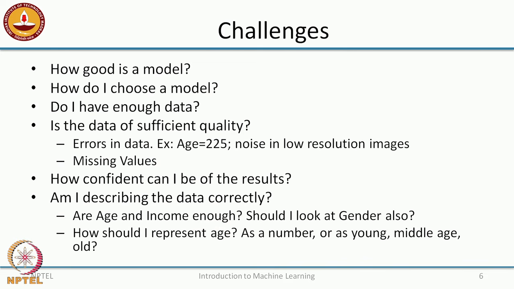And the next challenge I have listed here is how confident can I be of the results, and about that I certainly will talk a little bit, because the whole premise of reporting machine learning results depends on how confident you can be of the results, right. And the last question, am I describing the data correctly?